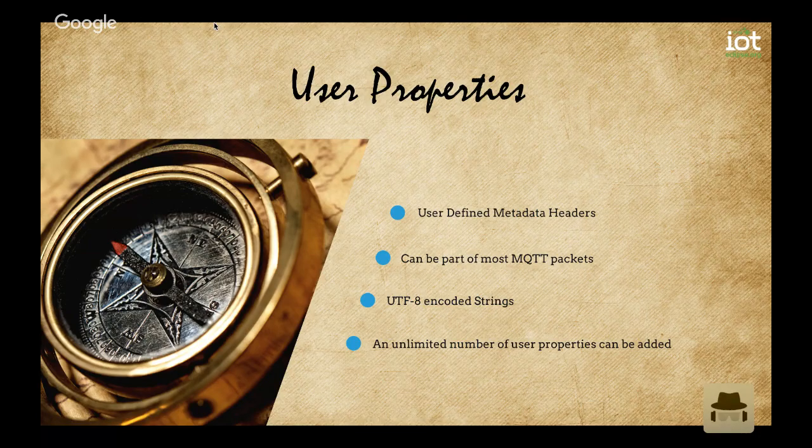And you can add unlimited user properties, which is a bit controversial, honestly, because it adds a lot of flexibility, but also has a lot of potential for misuse. But this is something I personally expect will be used a lot, and it allows to implement a lot of use cases. And actually, the same mechanism is used for most of the MQTT features we talked about.